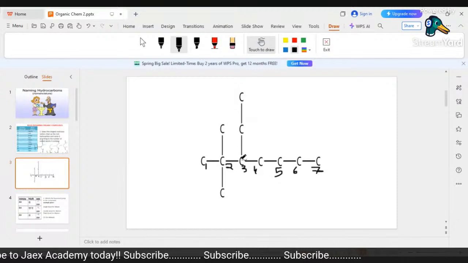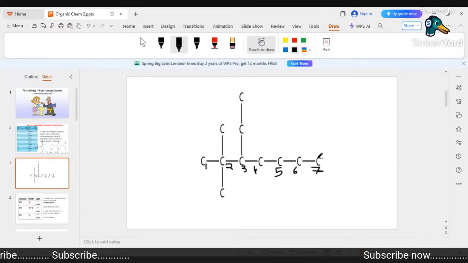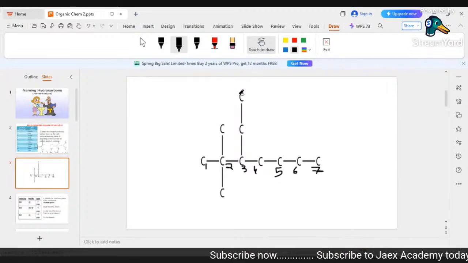If we count straight, it gives us 7. What if we count from the branch, because we are looking for the longest?